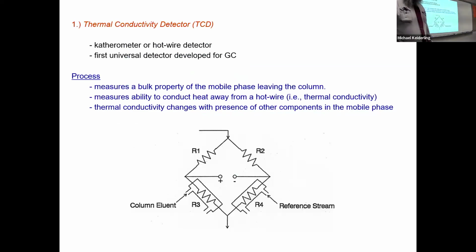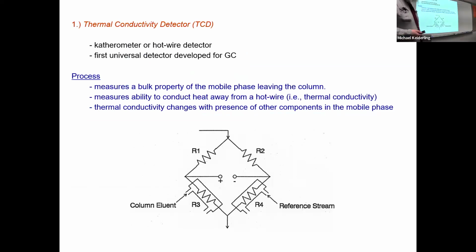So a thermal conductivity detector has 2 paths, where one is a reference stream and one is the output of the GC. And when the thermal conductivity of these is different, that changes the voltage here, and that can be detected. So it detects changes in thermal conductivity.